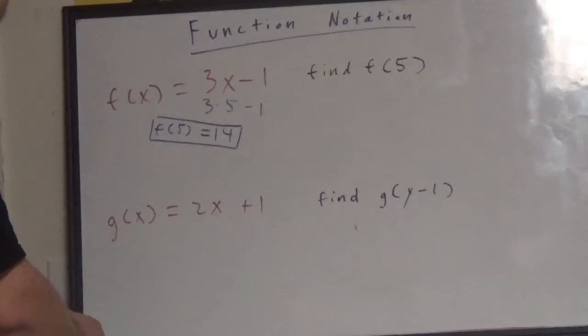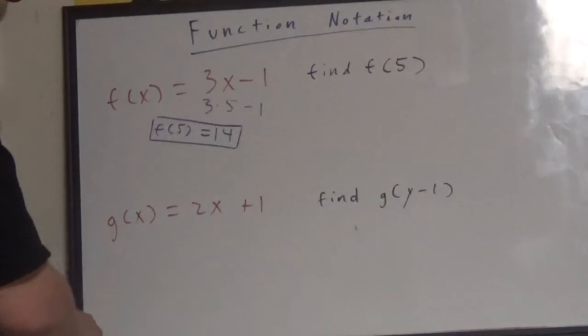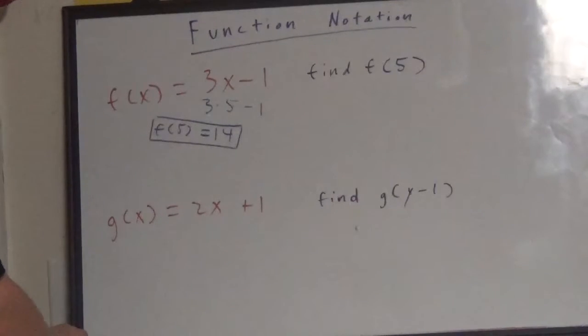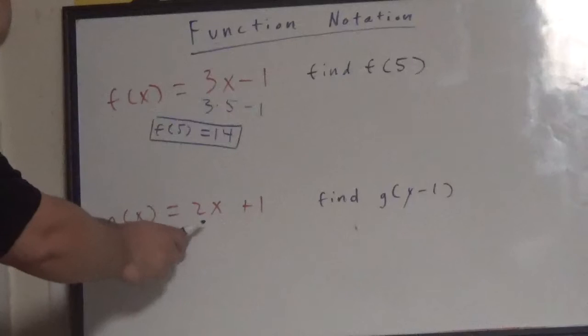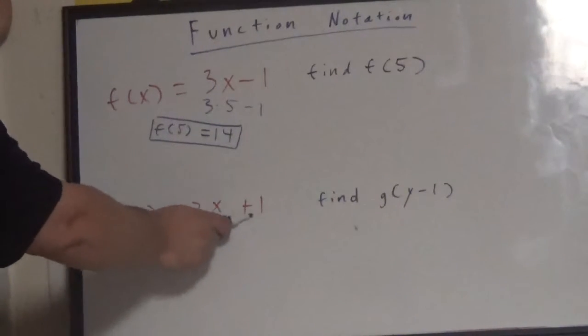Okay, what about if we don't just have a number? Look at this one. This one is called g of x. g is the name of the function. Usually we use f, but that's just because function starts with f. You can use any letter, it doesn't matter. In this case it's g of x, so g is the output at x, equals 2x plus 1.